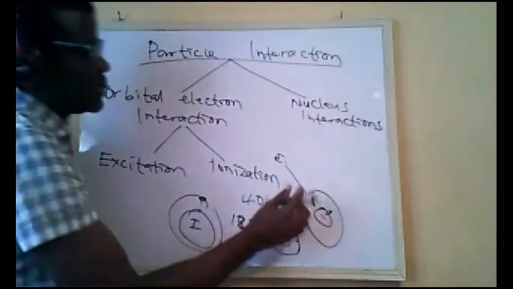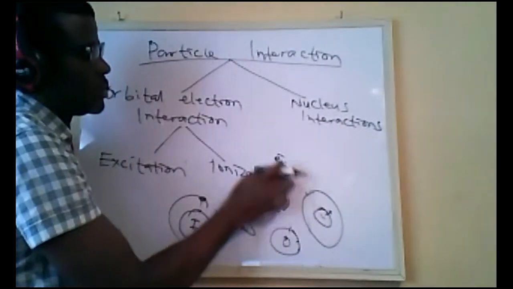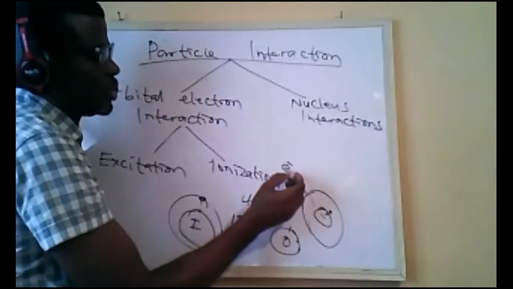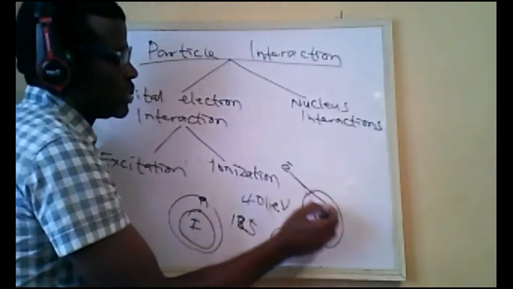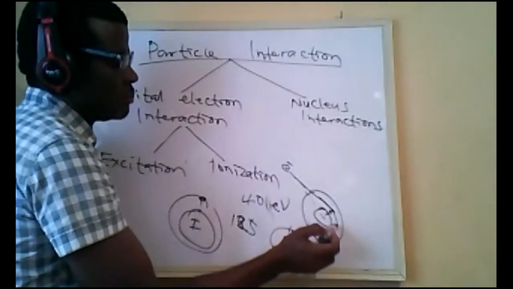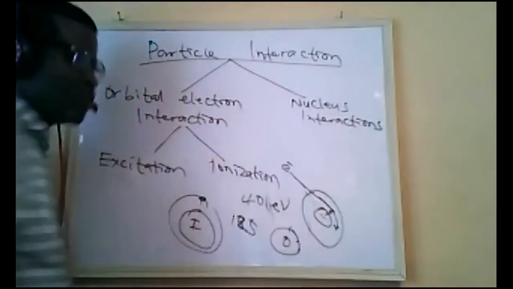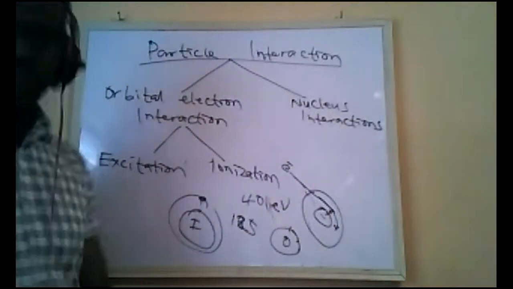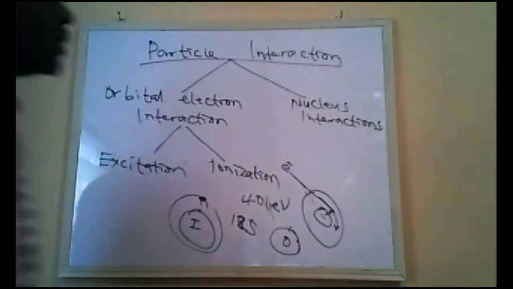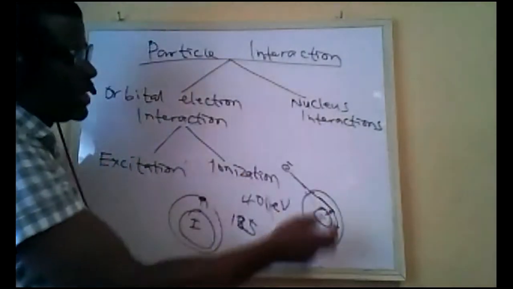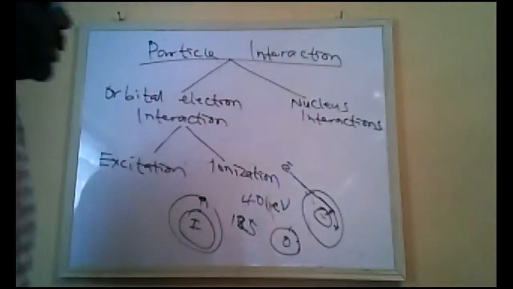As it is moving, because the nucleus is positively charged, it will tend to attract the electron closer to itself. Like charges repel, while unlike charges attract, because it is oppositely directed in terms of charge.